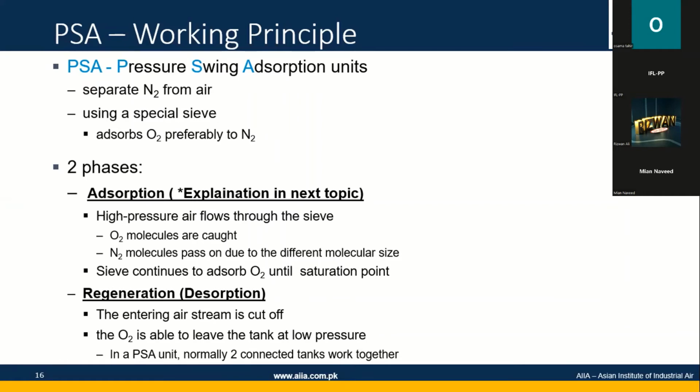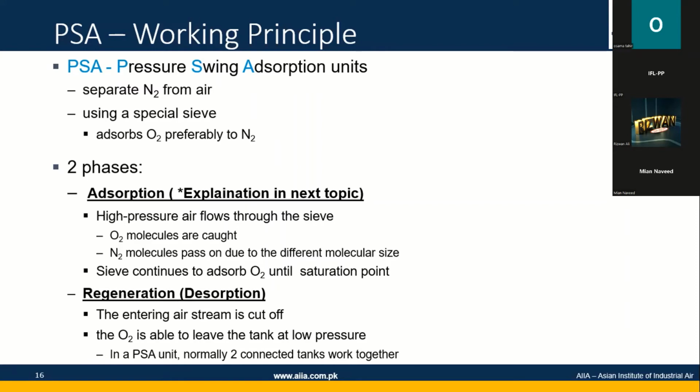And the sieve continues to absorb oxygen until the saturation point. I can give you an example of a sponge. If you put a sponge in water, up to a certain limit that sponge can absorb the water, but at a certain level a saturation point is reached. Similar is the case with the carbon molecular sieves.